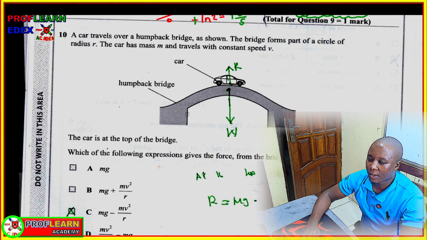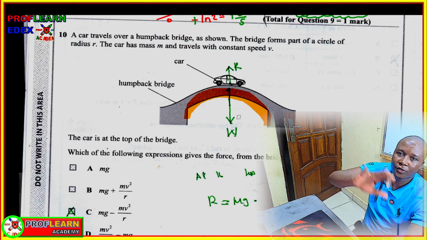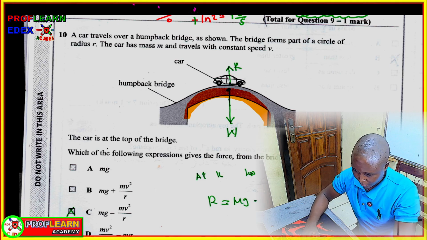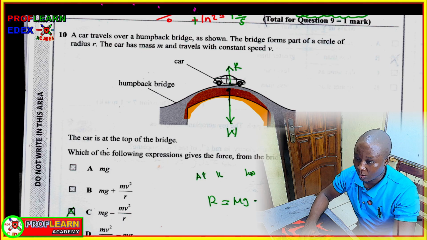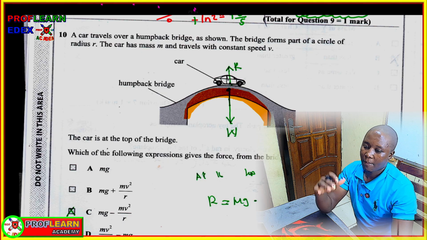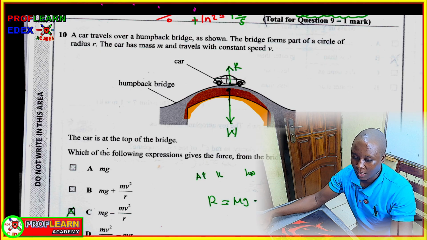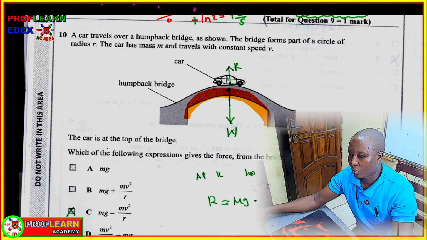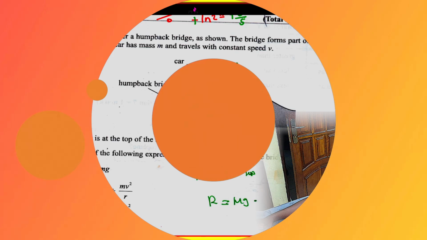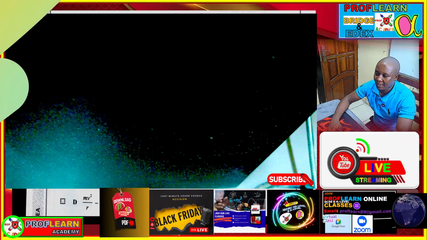But remember, since it's moving in a curved region, we shall have circular motion taking place there, and that is going to imply that the centripetal force, which is mv squared over r, is going to be equal to mg minus R.